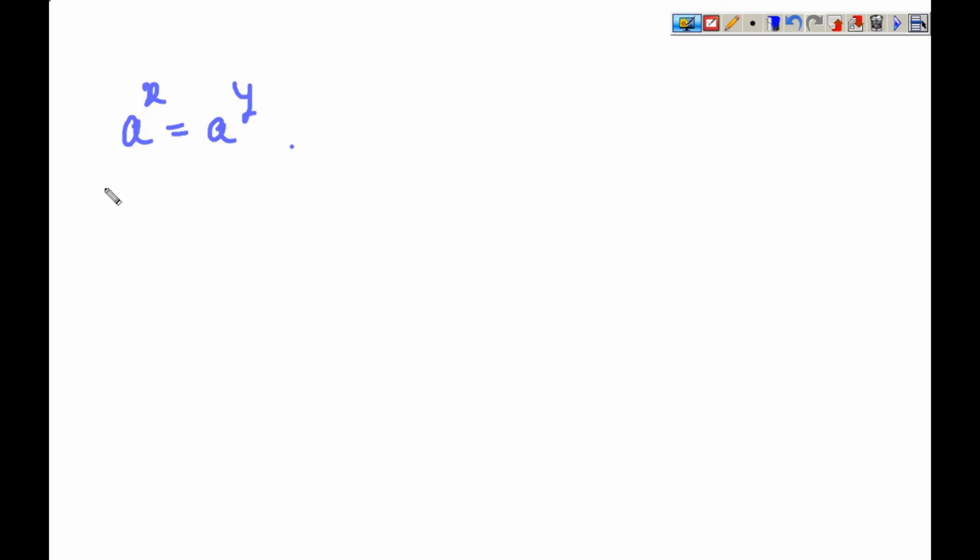So when we have such a case where the base is same, the left hand side can be equal to right hand side when we have 5 things which are followed.